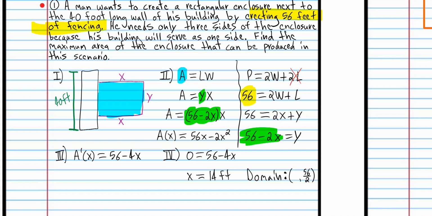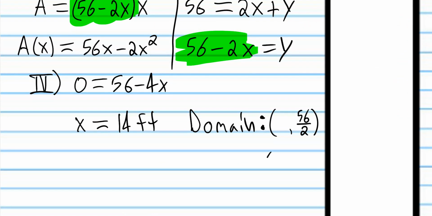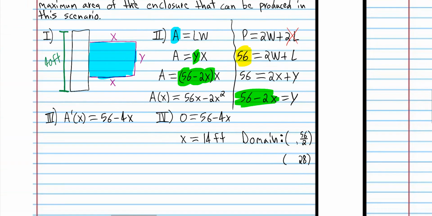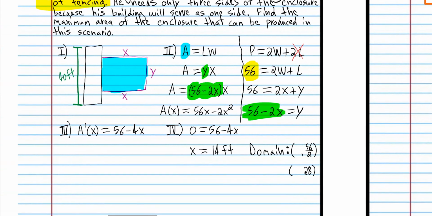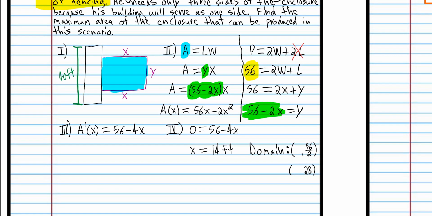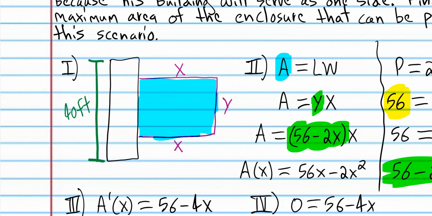Now, we found the biggest value of x, and that looks like 28. What is the smallest value of x? Well, let's say that we want to make y bigger.